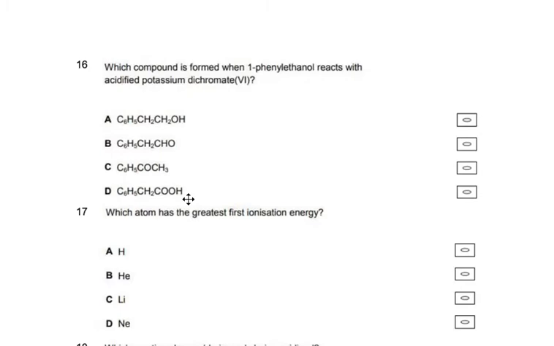The trick to answering question 16 is to draw the reactant, 1-phenyl ethanol. When you do this, you can see that the reactant is a secondary alcohol. There are two alkyl groups attached to the carbon that's attached to the OH. There's the phenyl group and a methyl group.